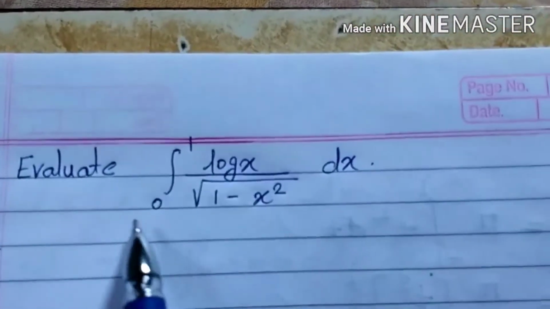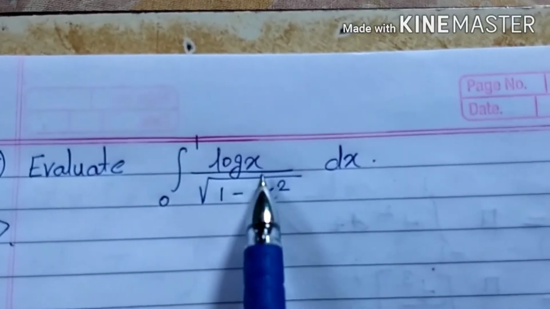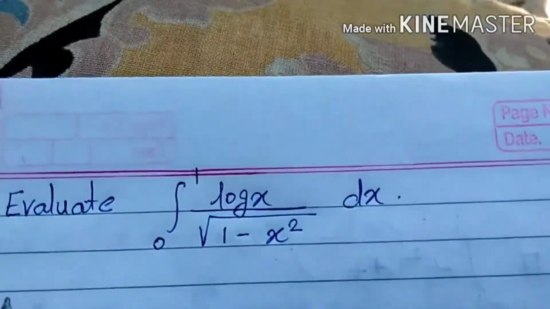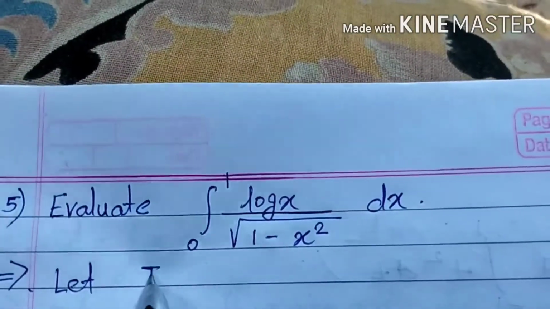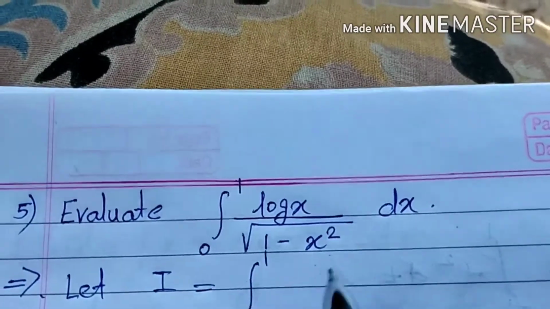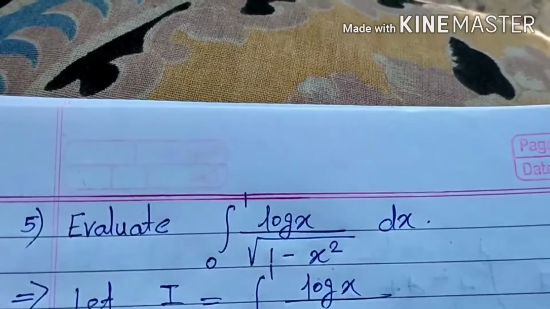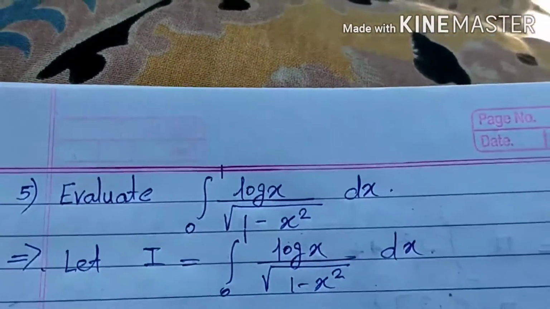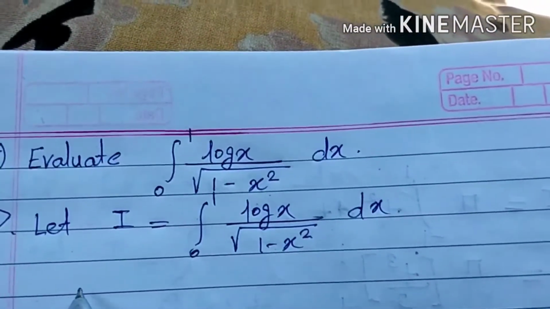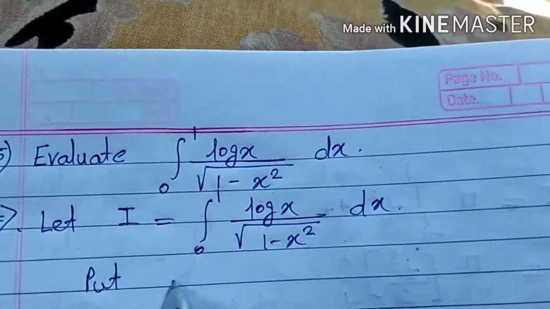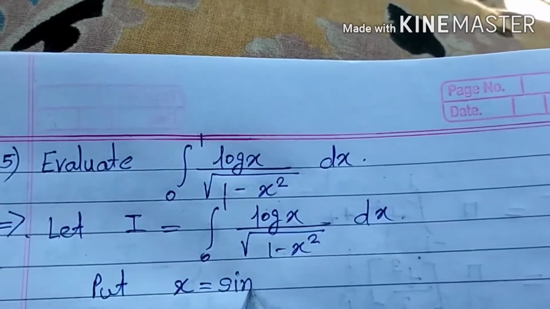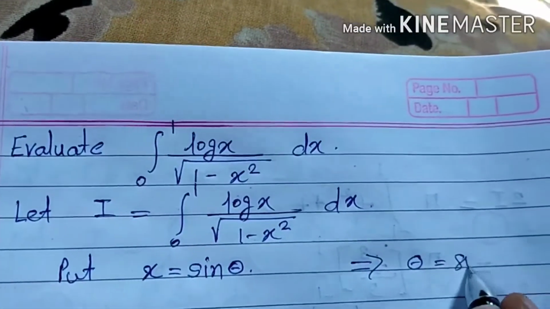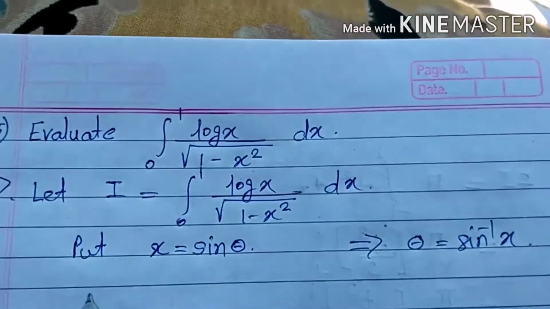Now next example, evaluate the integral from 0 to 1 of log x upon under root of 1 minus x square dx. So let I is equal to the integral from 0 to 1 of log x upon under root of 1 minus x square dx. Okay. Now here we use the substitution method. So put x is equal to sin theta. This implies that theta is equal to sin inverse x.